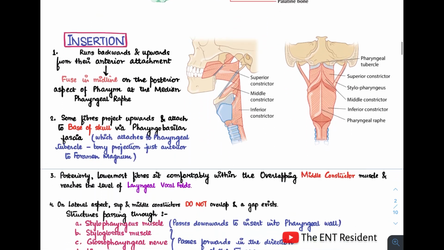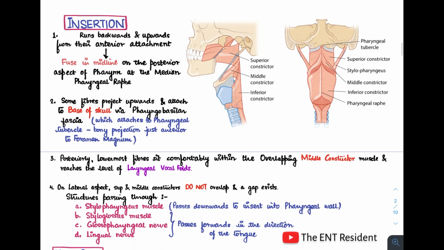Now this muscle runs upwards and backwards from their anterior attachment, as I already described, which is the pterygoid hamulus, the posterior end of the medial pterygoid plate, the pterygomandibular raphe, and the posterior part of the mylohyoid line. From there, it runs upwards and backwards, and they fuse in the midline on the posterior aspect of the pharynx at the median pharyngeal raphe.